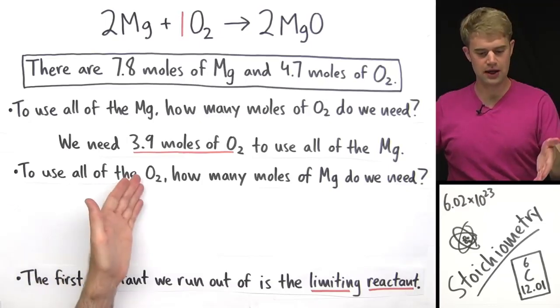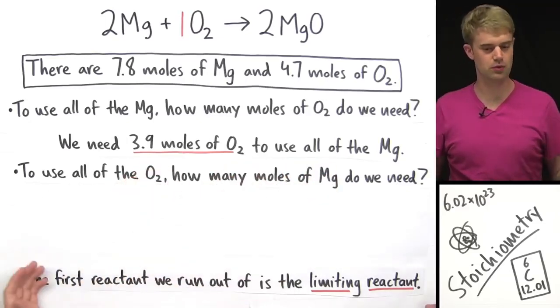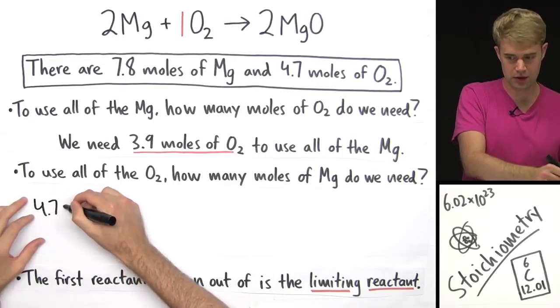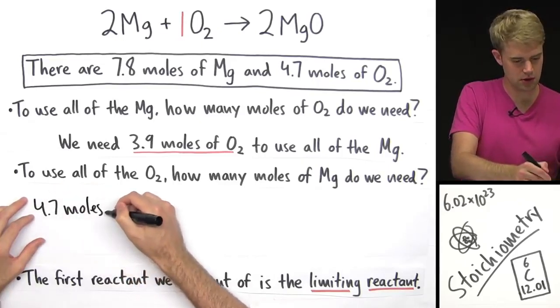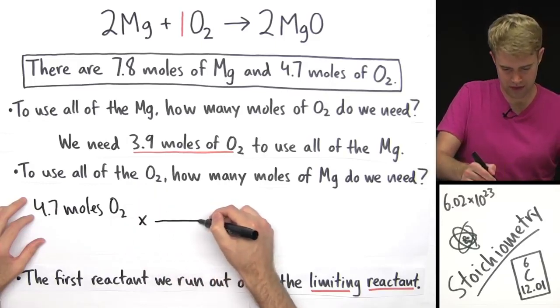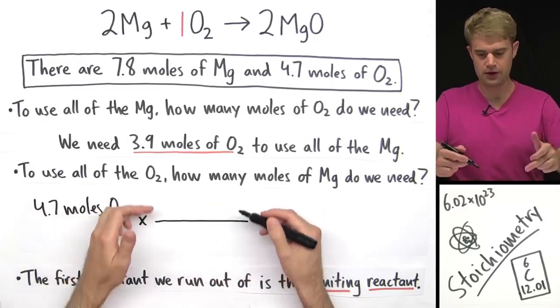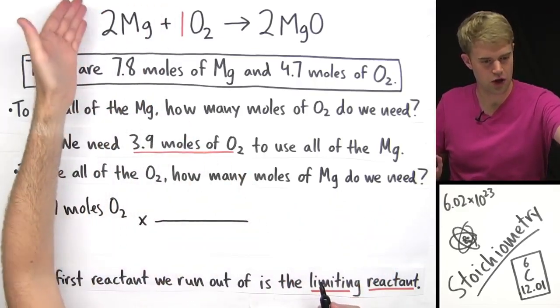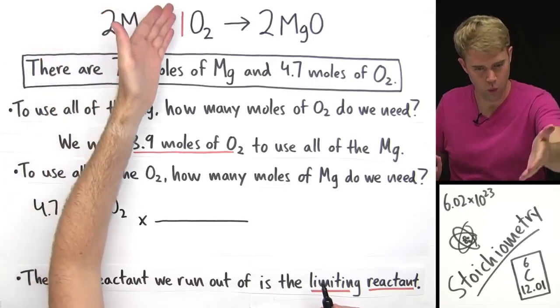To use all of this oxygen, how many moles of magnesium do we need? So we're starting with 4.7 moles of oxygen. And we're going to multiply that by a conversion factor that gets us to moles of magnesium. So what's the relationship here? 2 moles of magnesium for 1 mole of oxygen.